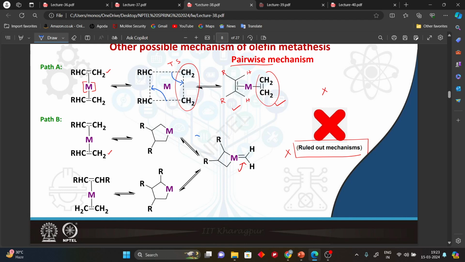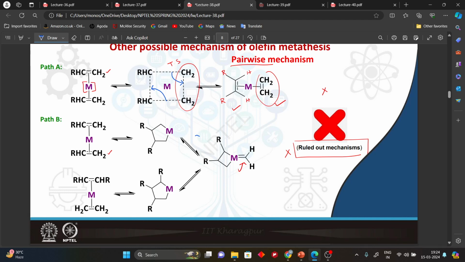This is an initial proposal, and another proposal was with a five-member transition state, where you can only end up with these two moieties.